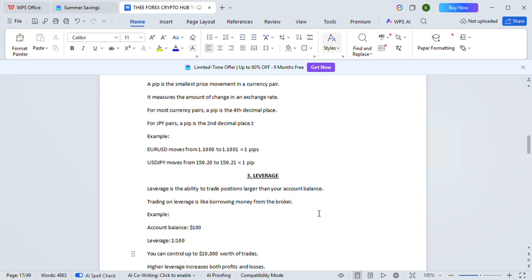Leverage is a topic which is normally deep, so you can do more research on leverage so that you can understand it better on your own.